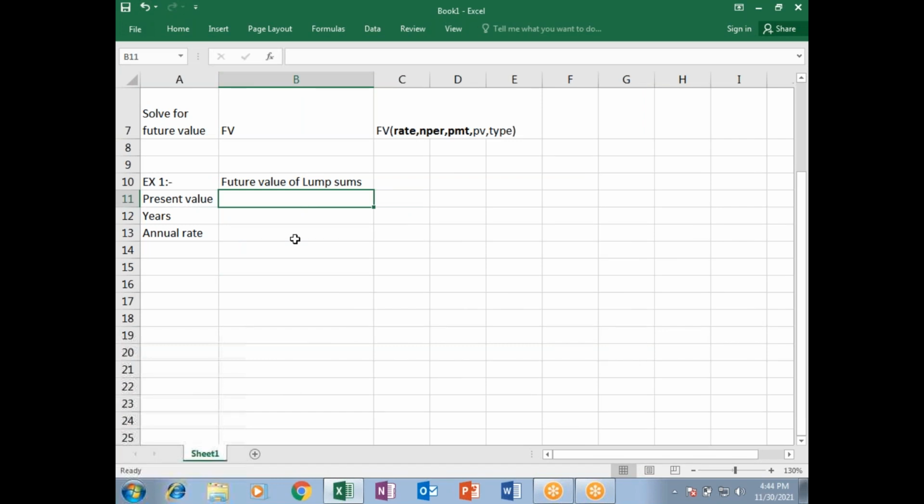Now think that I'll have some amount like 10,000. Here I will give 5 years with 10%.